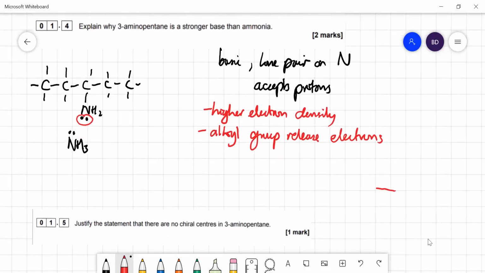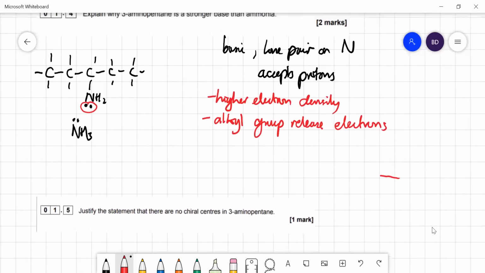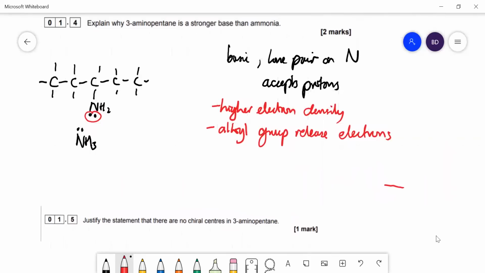Okay, so justify the statement there are no chiral centers in 3-amino pentane. This question here, well, I've drawn 3-amino pentane already, so save me drawing it again. Here we go. Now, in order for a chiral carbon, you need 4 different groups attached to the carbon atoms.